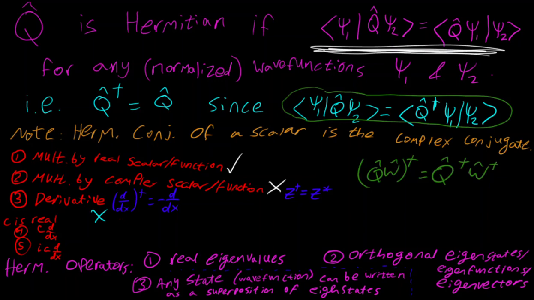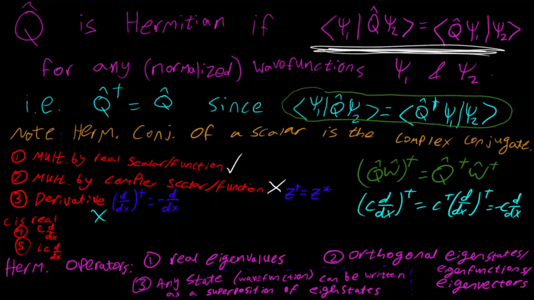And so, given this, if we take C times d by dx and take its Hermitian conjugate, this is C Hermitian conjugate times d by dx Hermitian conjugate. C Hermitian conjugate is C, because it's real. D by dx Hermitian conjugate is negative itself, so this is negative C d by dx.